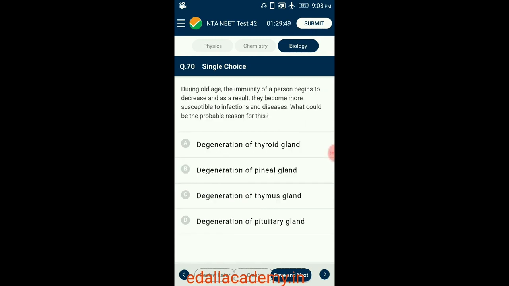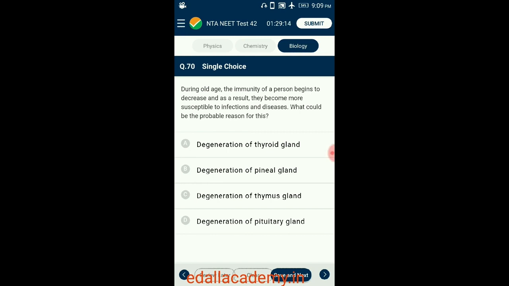Question number 70. During old age, immunity of a person begins to decrease, and as a result they become more susceptible to infections and diseases. What could be the probable reason for this? The thymus gland is responsible for the secretion of thymosins, which promote differentiation of T lymphocytes and provide cellular immunity.